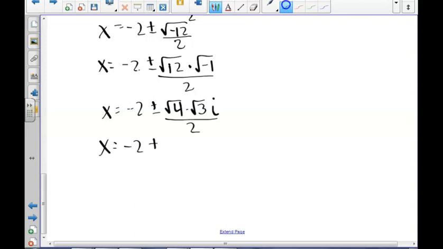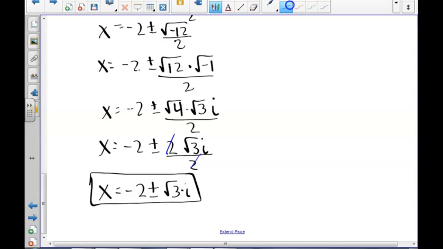So negative 2 plus or minus square root of 4 is 2, 2 root 3i over 2. And that's kind of nice because my 2's will cancel. And so I know my complex solutions will be negative 2 plus or minus square root of 3 times i, and I'm done. I just wrote my solutions in complex number form.